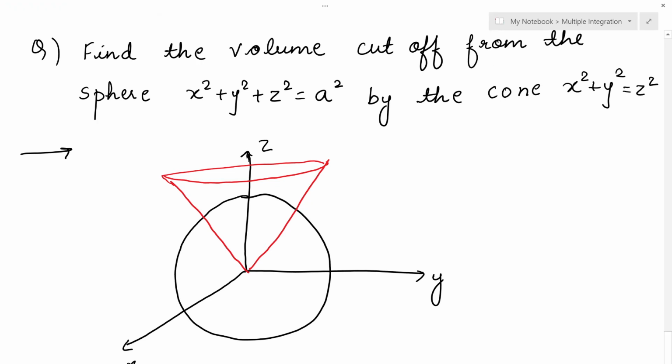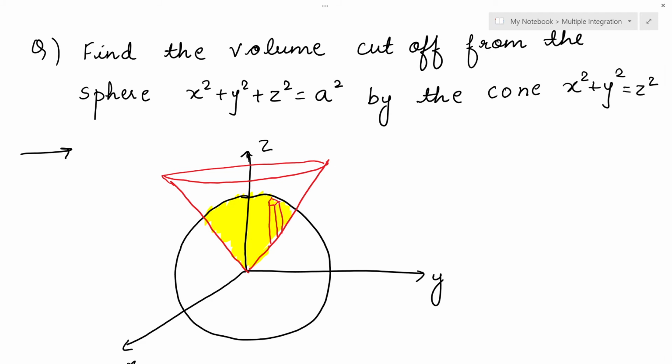Okay, so something around here. So again you take a strip and you try to find. So if you take a three-dimensional this thing, it will be something like this, not very exact because drawing this becomes difficult for me.